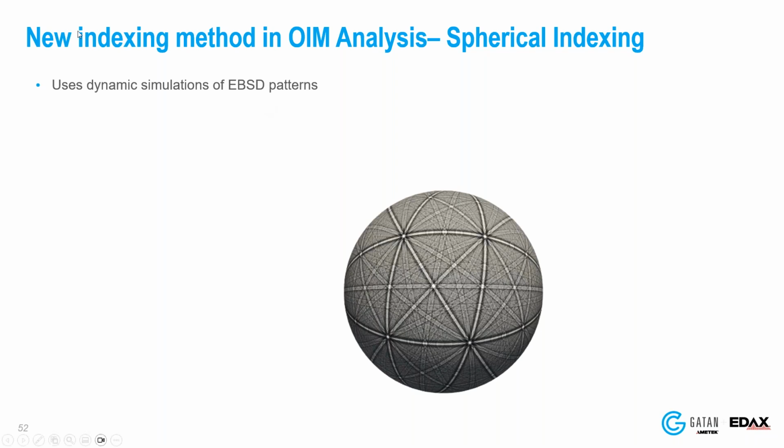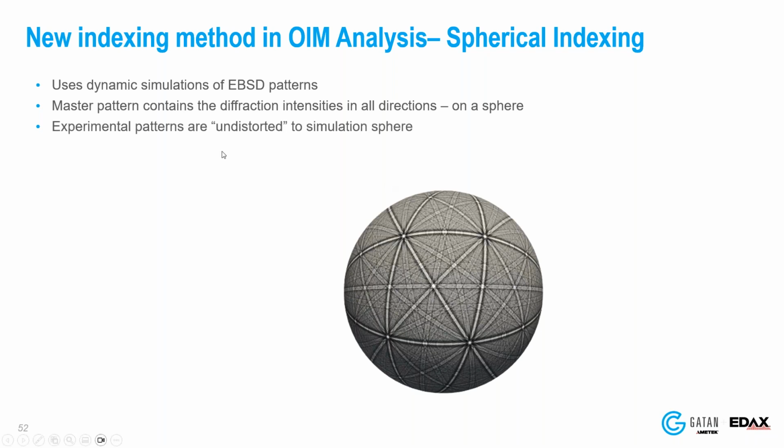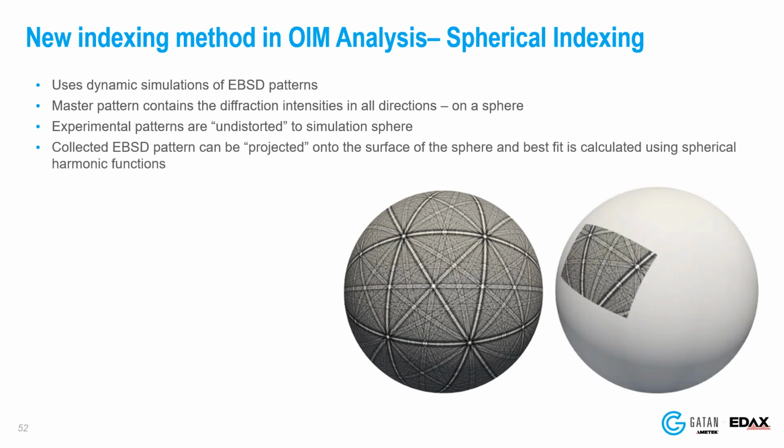With spherical indexing, we use dynamical simulations and create what we call a master pattern. This master pattern shows all the diffraction intensities that you can get in all directions on a sphere. We take the experimental pattern from the detector, remove the projection distortion, and fit it against that sphere to see where it fits best. That allows us to identify the orientation.